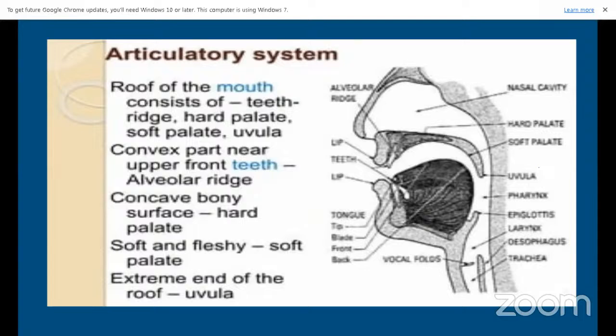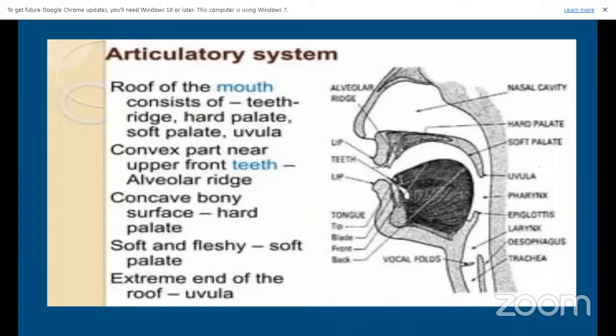Just behind the upper teeth, you have the hard palate. Then you have the soft palate, right behind the hard palate, all on the upper jaw only. Then you have the uvula. The uvula is a soft tissue that tries to protect the food from entering the windpipe.